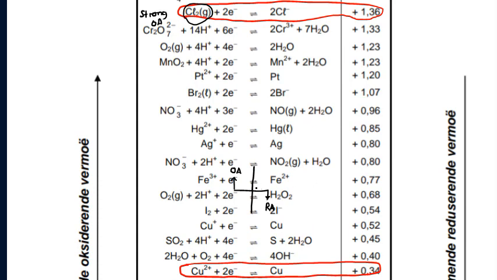On the flip side, the direction arrow is telling us that our strong reducing agent has to be this one right over here, which is copper. So copper is a strong reducing agent. What are we dealing with in our situation?